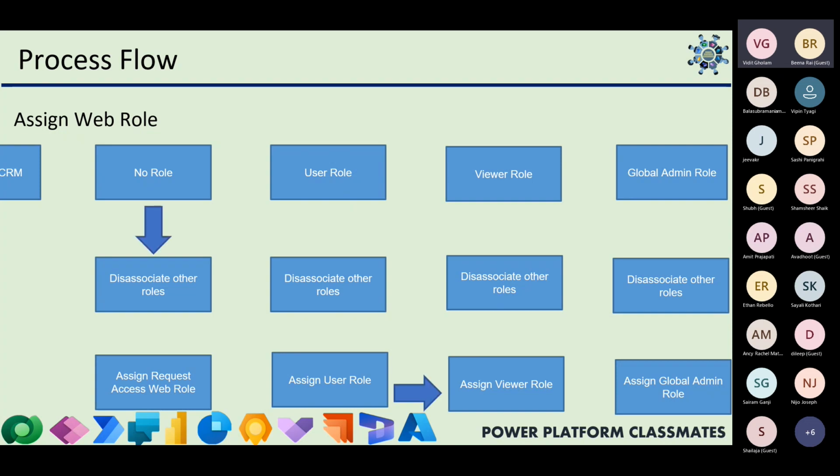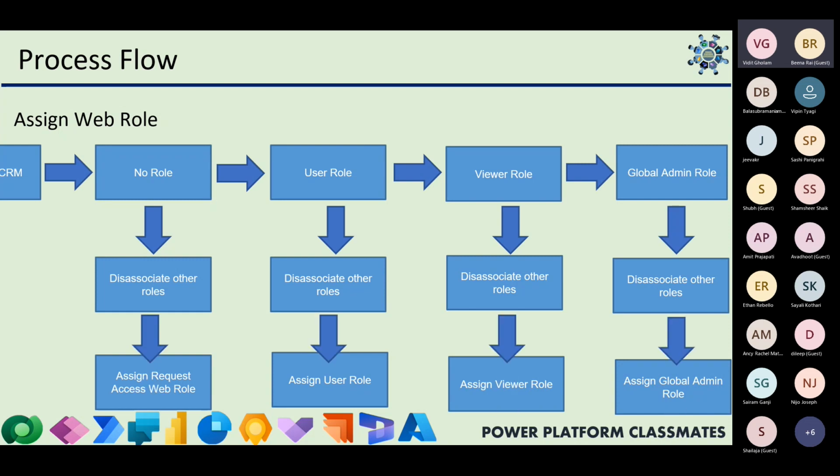As we saw in our portal details section in the CRM, we have a role field as well. What this does is, based on the role that is assigned to the portal contact, it would just set the web role associated to that role.